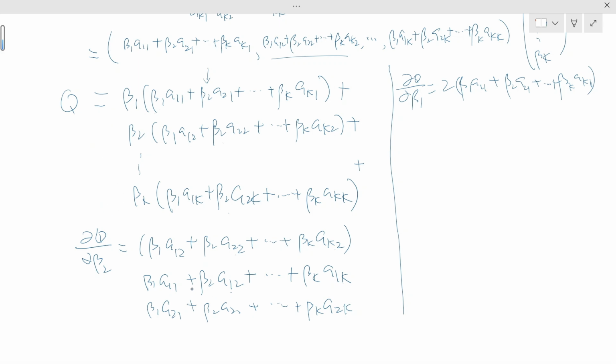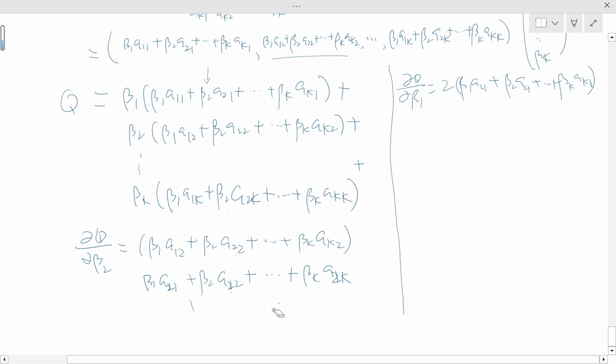Also note that A12 is the same as A21, A22 is the same as A22 here, and AK2 is A2k, because the matrix is symmetric. So these two terms are actually the same.